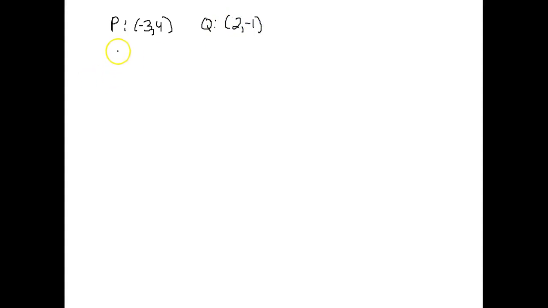If you really want to, you can plot them on a grid: -3, 4 right here for point P, and then 2, -1 right here for Q. And you're trying to figure out, how far apart are they?